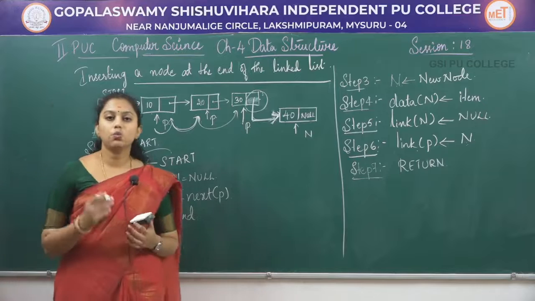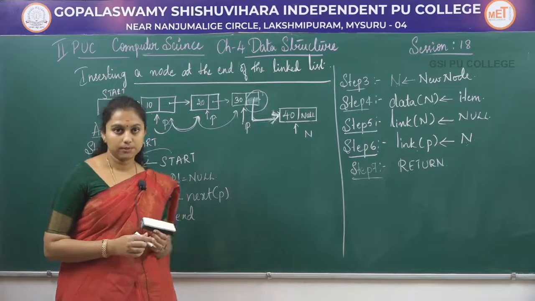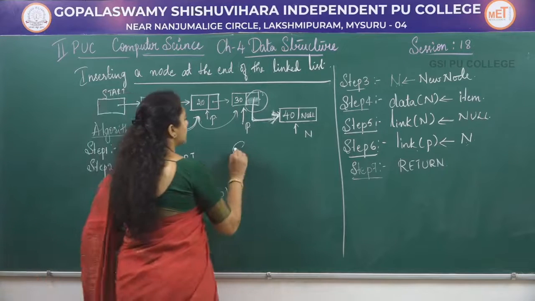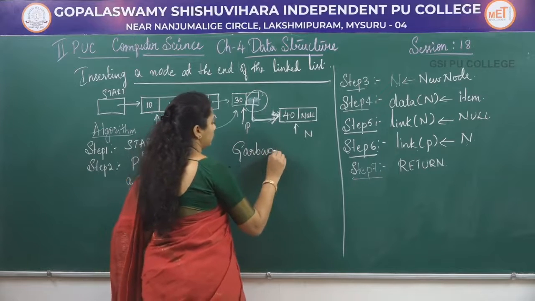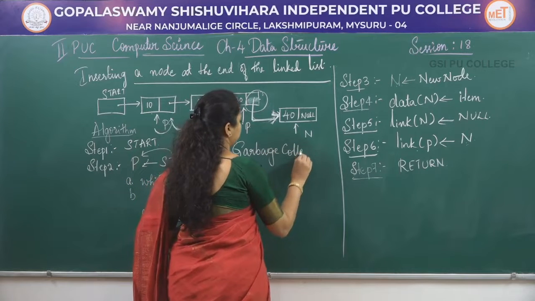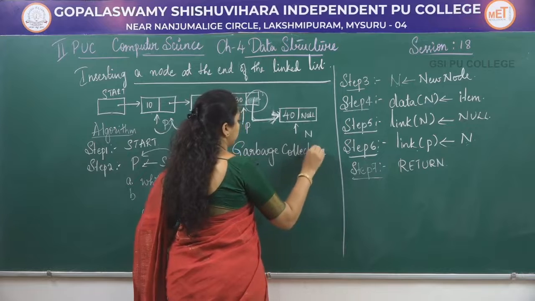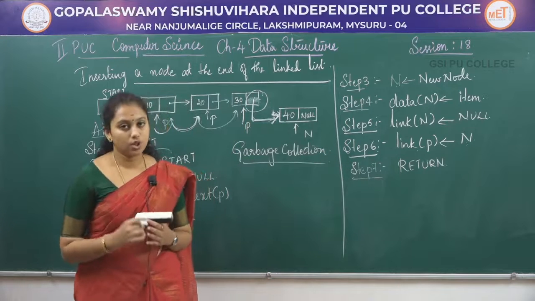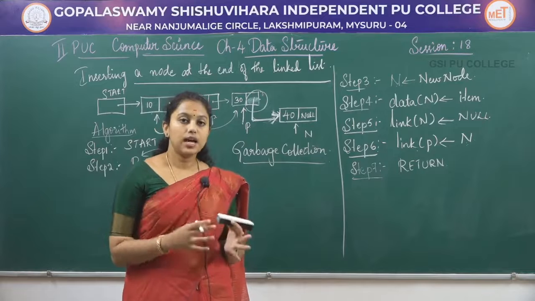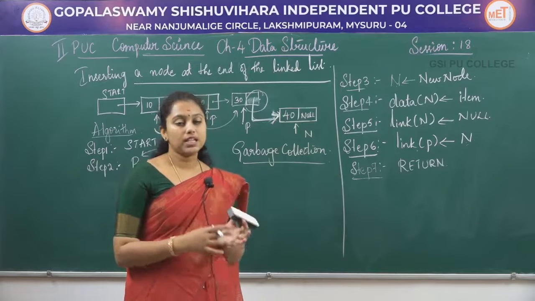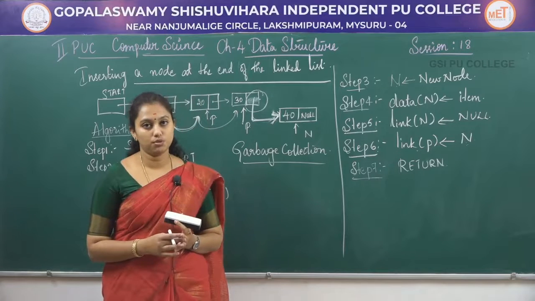So now let's see what is garbage collection. What is garbage collection? If a node is deleted or the linked list is deleted, that deleted memory space is required for future use.